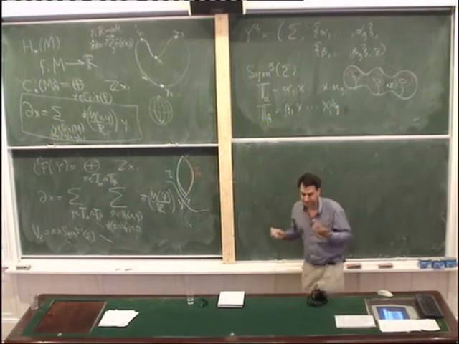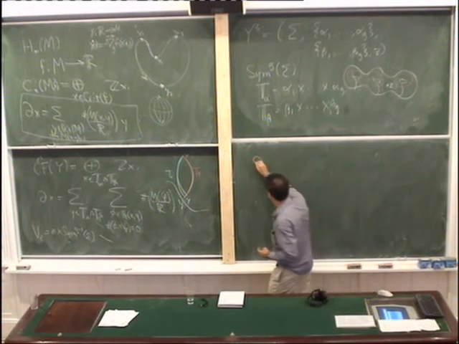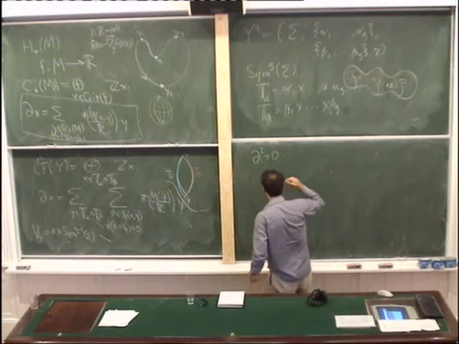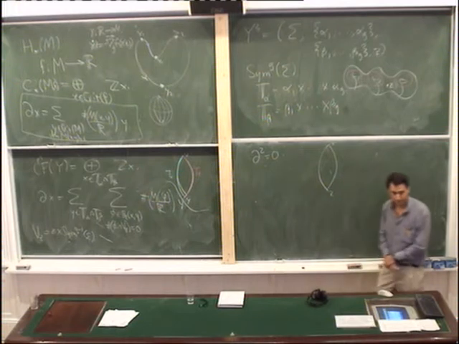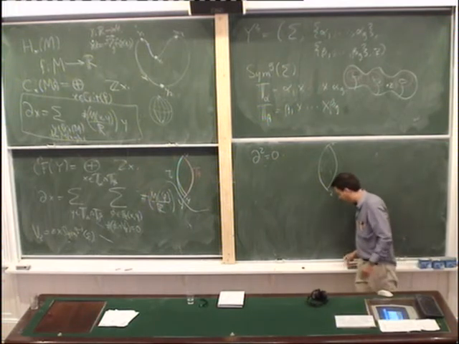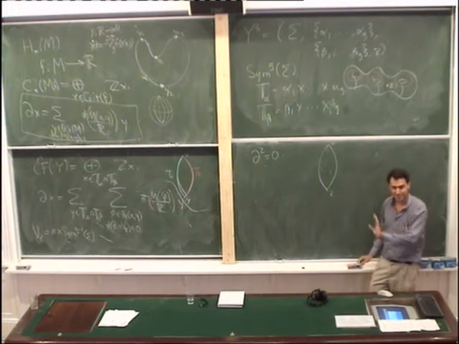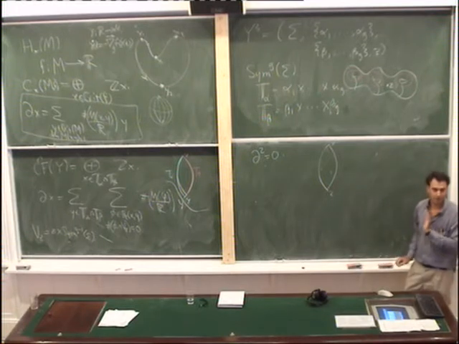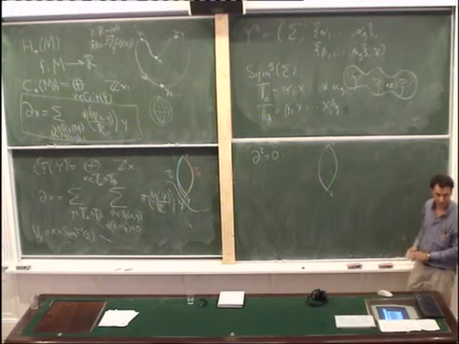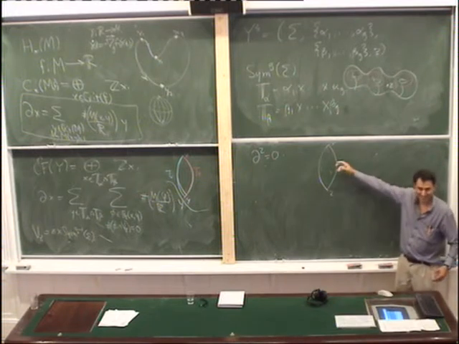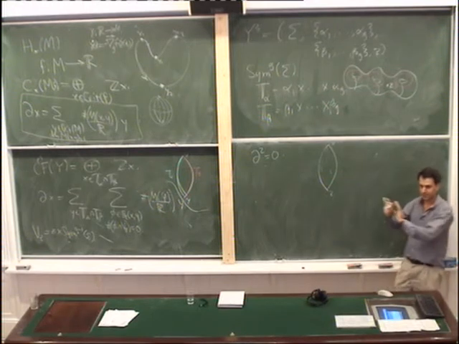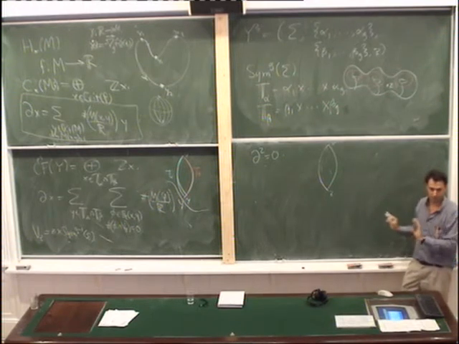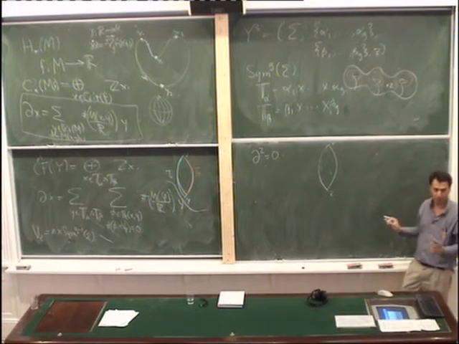The way one proves that this is a chain complex is, once again, one looks at two parameter families of flows that go from x down to z. And I'm not going to go into this at all, but let me just say very briefly that there's a Gromov compactness theorem for holomorphic disks. It says that if I've got a sequence of holomorphic disks with these kinds of boundary conditions, they're going to limit to a suitable arrangement of holomorphic disks.